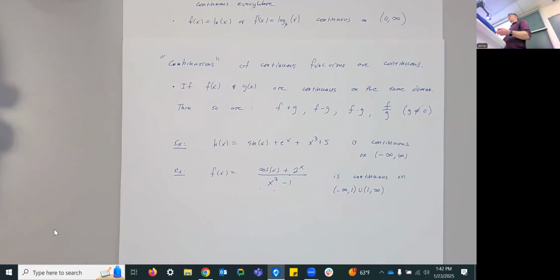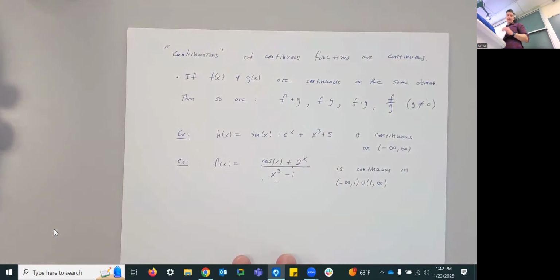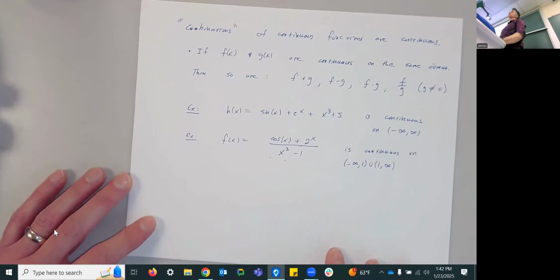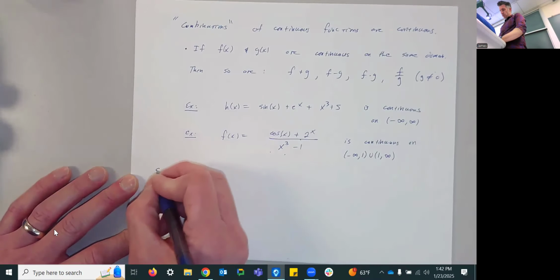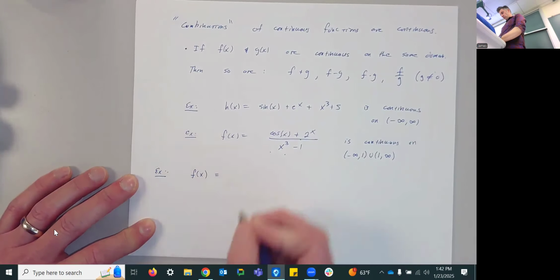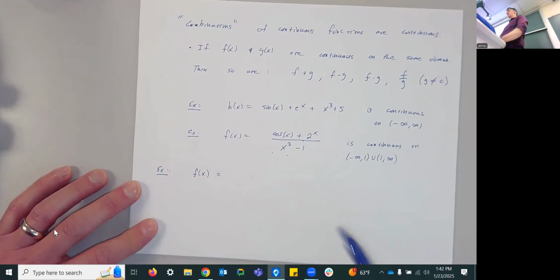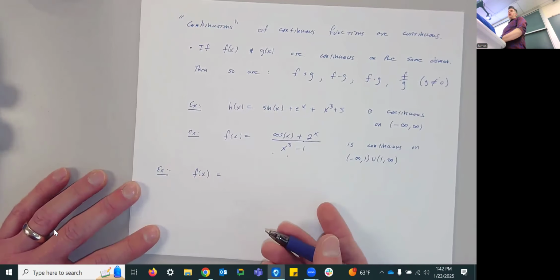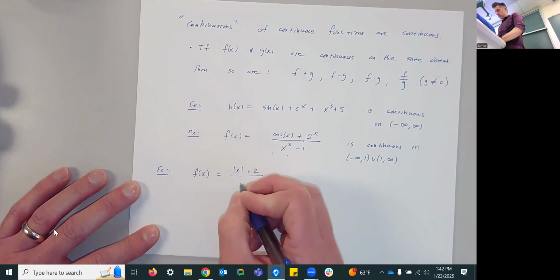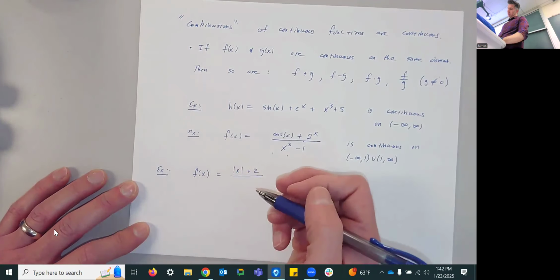Let me give you an example of one that you might say, James, that's not piecewise, and I'll be like, yes, it is. Let's say we have f of x equal to, trying to think about something kind of interesting here. The absolute value of x plus 2 over, that's not going to work out so well, James.